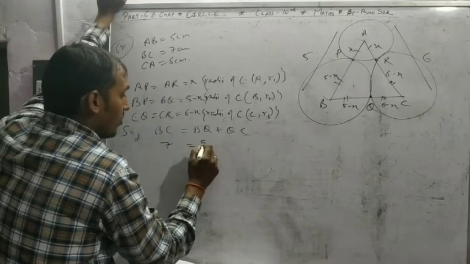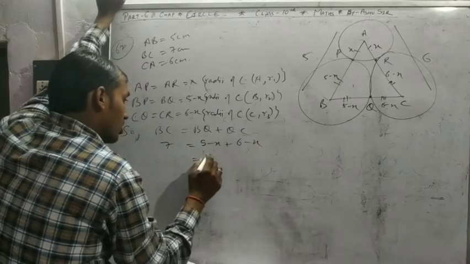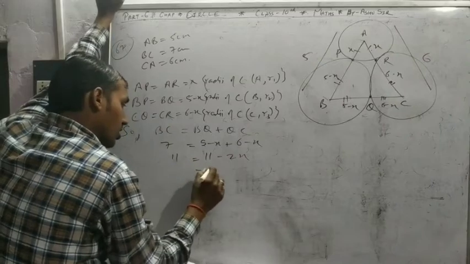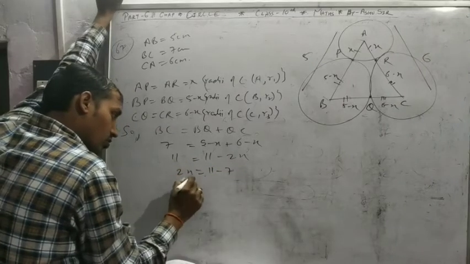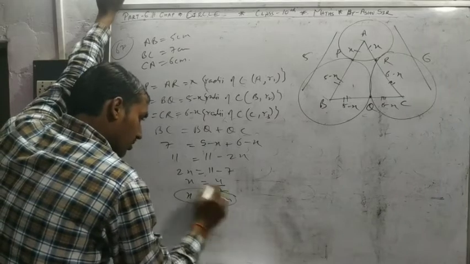BQ is 5 minus X, CQ is 6 minus X. So this is 11 minus 2x equals 7, 2x equals 4, x is equal to 2 centimeter.